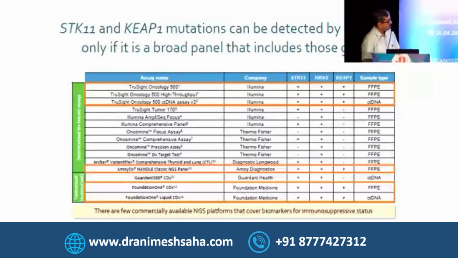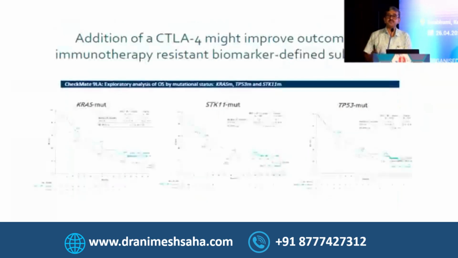If you have Foundation Medicine or Guardant liquid, these assays particularly identify STK11 and KEAP1 with KRAS mutation concomitantly, but that is not picked up by the hotspot mutation panel. So the importance of Guardant, Oncomine Precision Assay, or Foundation liquid is to identify the co-mutations, whether it is STK11 or KEAP1, because these are basically cold tumors.